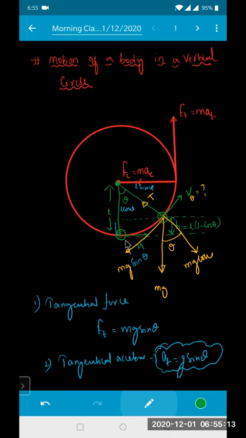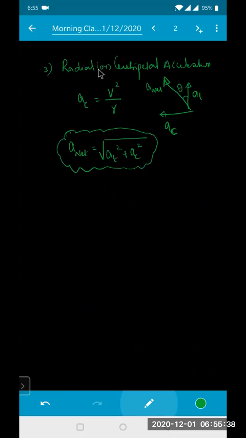So when I'm talking about the motion of a body in a vertical circular motion, when a particle is moving in a circular path at any angle theta, the forces acting on the body are the weight mg in the downward direction and the tension in the string. If I resolve mg into components, they will be mg cos theta and mg sin theta. So mg sin theta provides the tangential force, and T balances mg cos theta when the body is at rest. So the forces acting are tangential force and tangential acceleration, and radial or centripetal acceleration a_c is equal to v square by r.